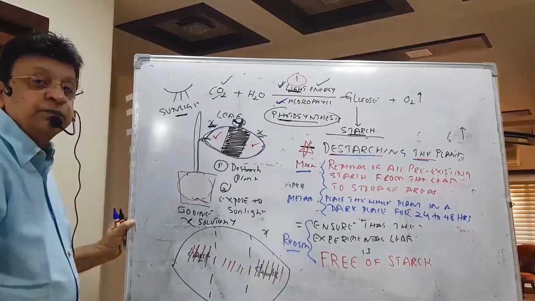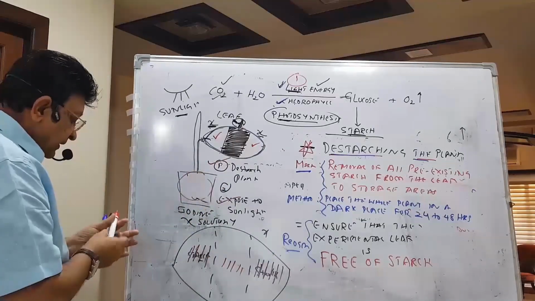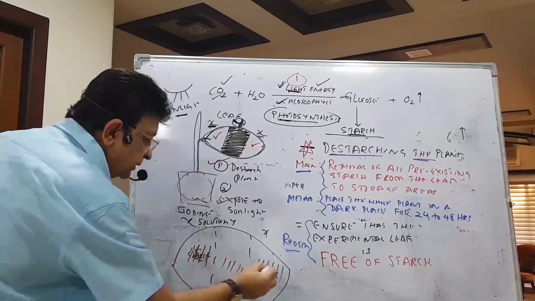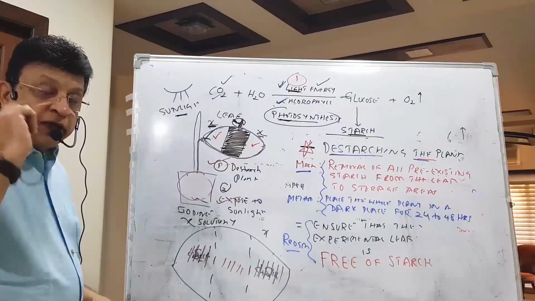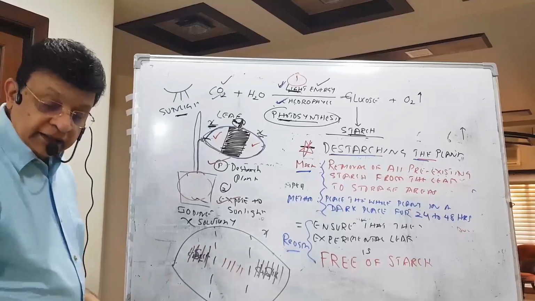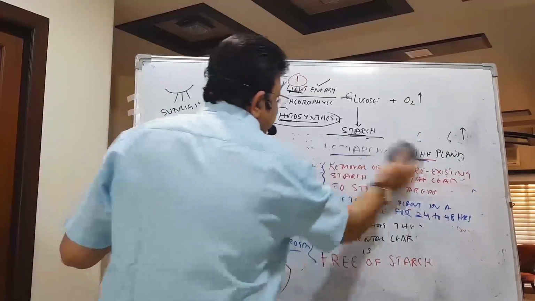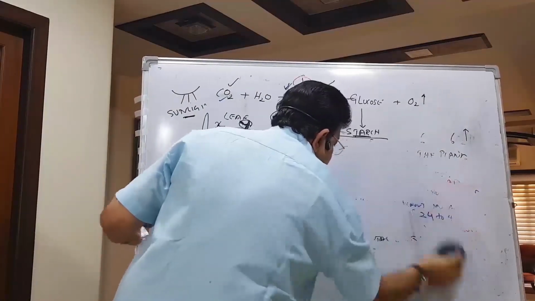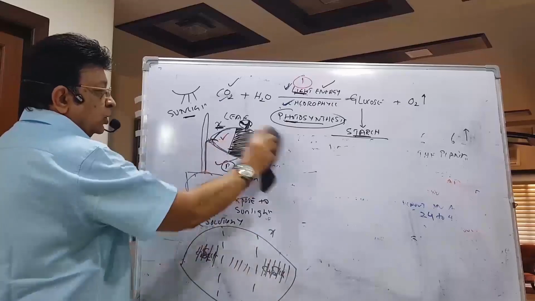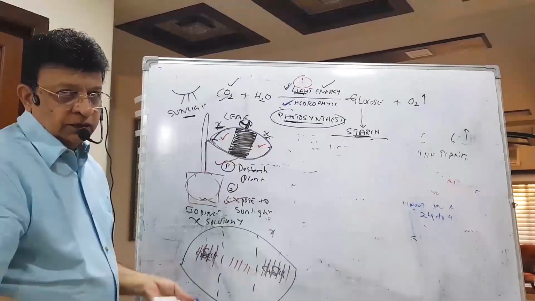Now what happened? That means something else is missing. Apart from that, I de-starched, I exposed to sunlight, and I know that the starch has been formed here. Then why is it not getting a blue-black color? So now I require to create another understanding. Having de-starched the plant to make sure that there is no starch, I exposed it to the light.